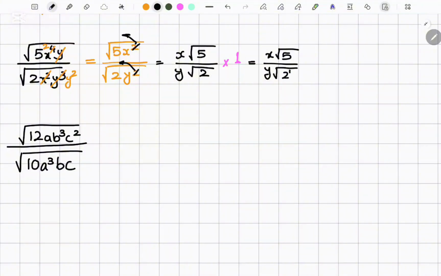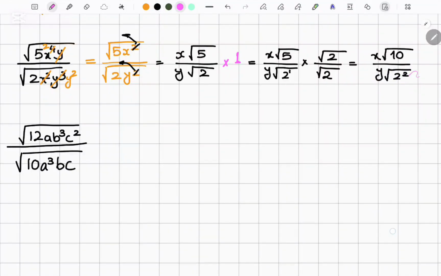2 is to the power of 1. How many more 2s does it need in order to be able to pay and come out? 1 more, is that right? So that if it's going to be 2 to the power of 2, then it can pay and come out of the radical. So I will multiply it by radical 2 over radical 2, which is technically 1. So the things on the numerator are going to get multiplied by each other, and the things on the denominator are going to get multiplied by each other.